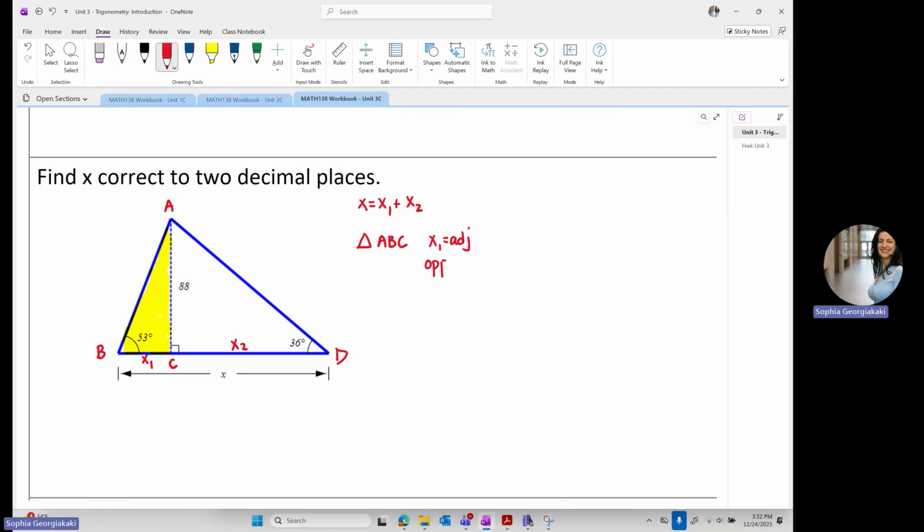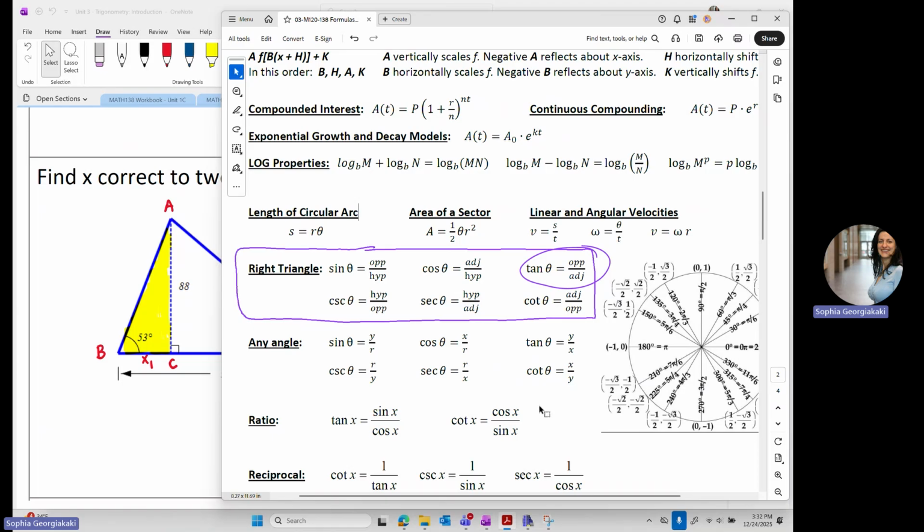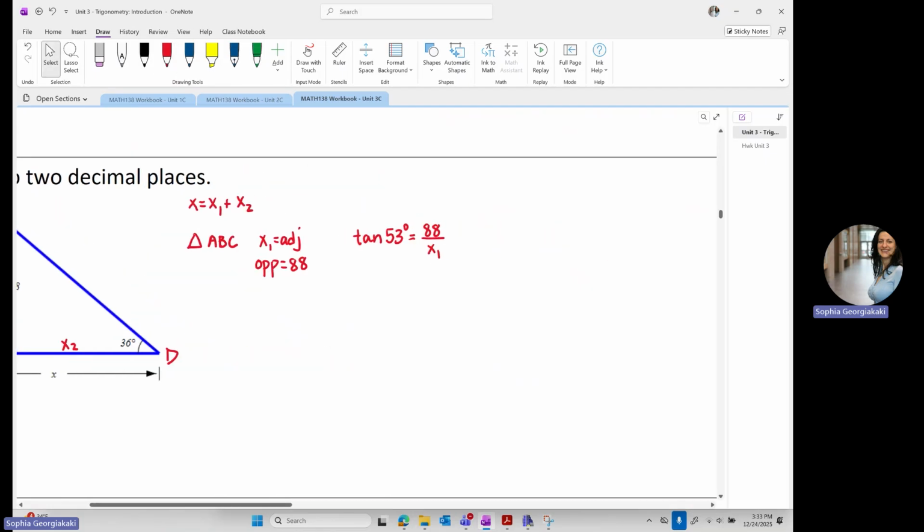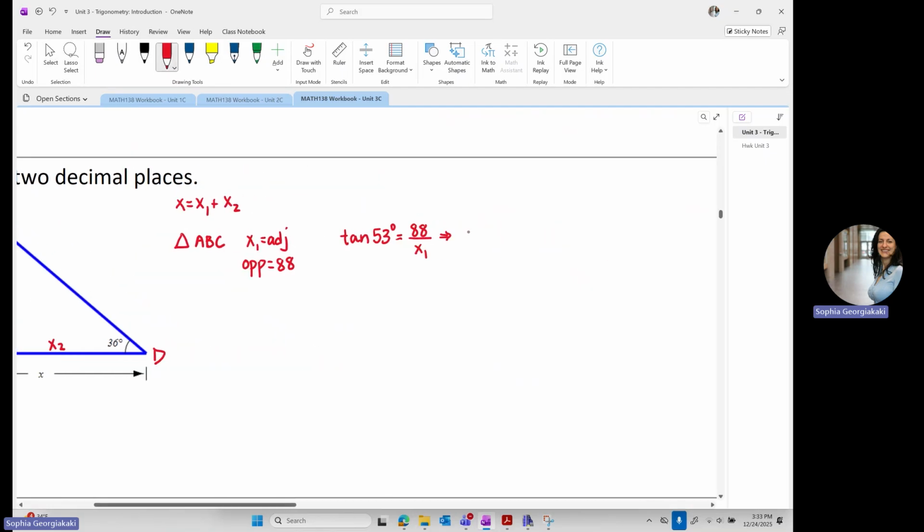So the opposite of B is 88. Therefore, I can use a function that has the adjacent, the opposite, and the angle to find the adjacent. So again, I'm going to look in my formula packet. Tangent contains the opposite and the adjacent, and therefore, I'm going to use the tangent. So the tangent of B, which is 53 degrees, equals the opposite, 88, over the adjacent, which is x1. And to solve for x1, I'm going to multiply by x1.